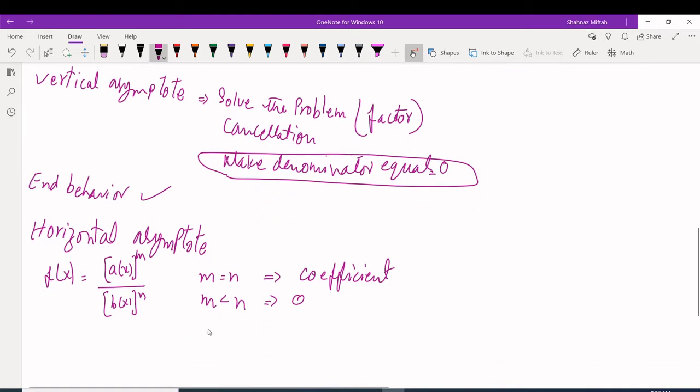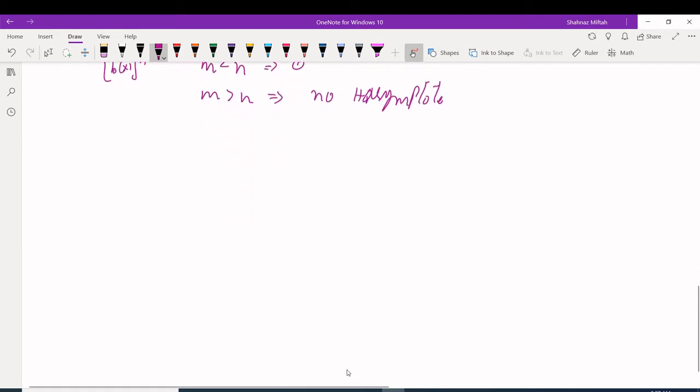If m is greater than n, then there is no horizontal asymptote. This is the definition, and like I said, I'm going to give you an example for each one of them.